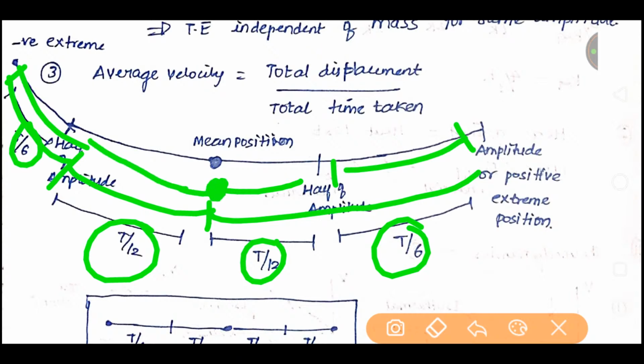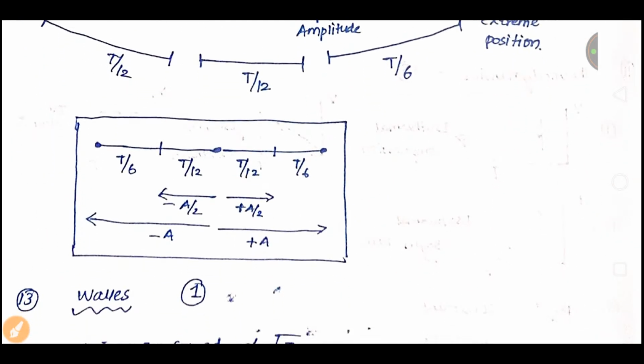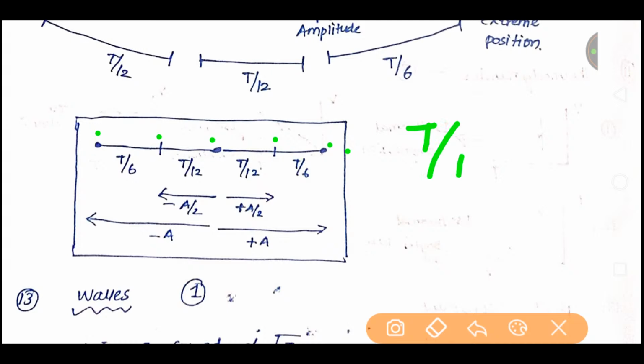Then only it completes one complete oscillation in time T. So this is the mean position, half of the amplitude, positive extreme, negative half, negative extreme. Now tell me, what is the time taken to go from mean position to half of the amplitude? T by 12.